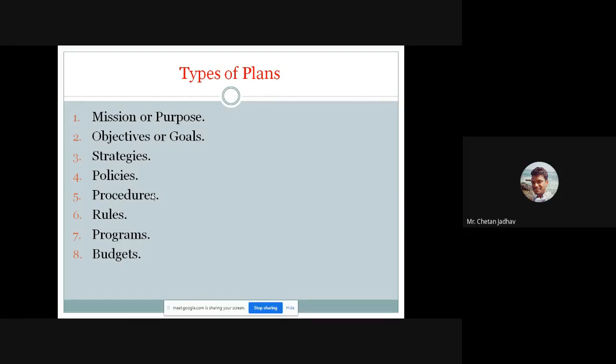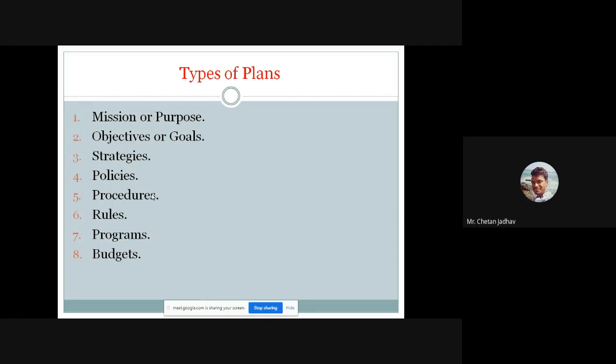The first planning type is mission or purpose planning. Any organization, any company, or any small scale industry owner has to do mission planning, or decide what is the purpose of our company. For that, we have to make purpose planning: why we are going to develop our company, and what is the basic reason for making any organization.